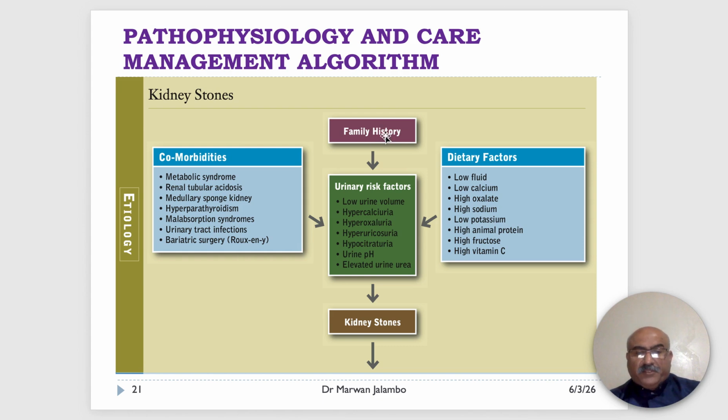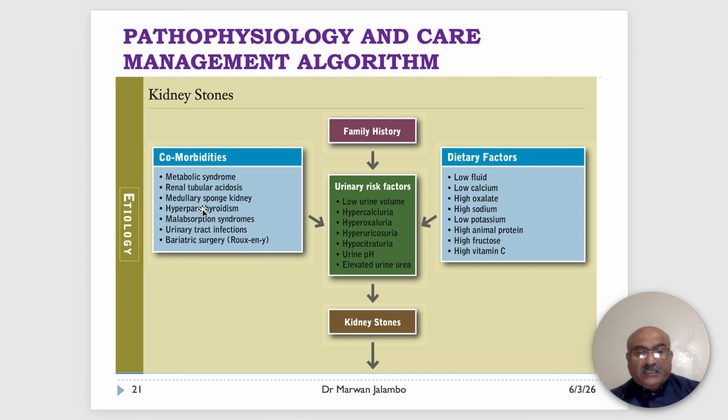For the family history, genetics play a role. If your family members get kidney stones, you are at higher risk. The comorbidities, underlying medical conditions, these are health issues you might already have that make stone formation more likely.